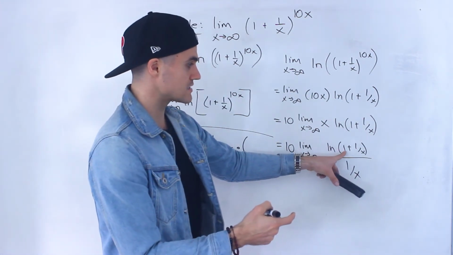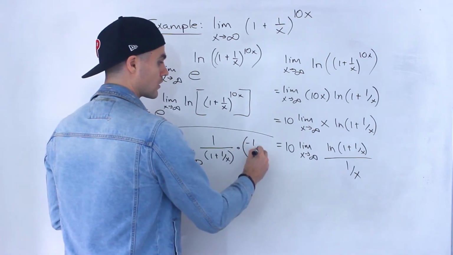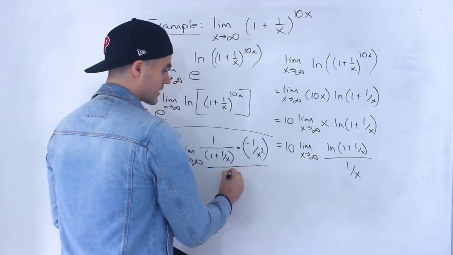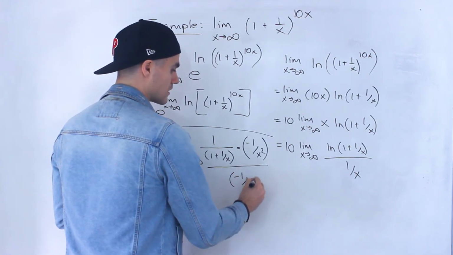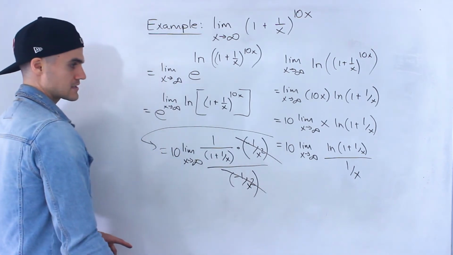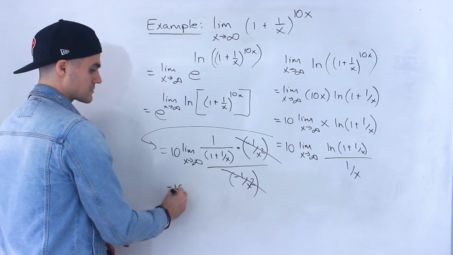The derivative of 1 is 0. The derivative of 1 over x is negative 1 over x squared. All over the derivative of 1 over x, which is negative 1 over x squared. And now notice this and that cancel out.